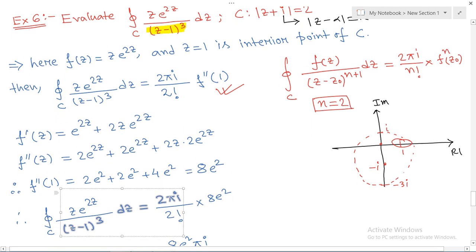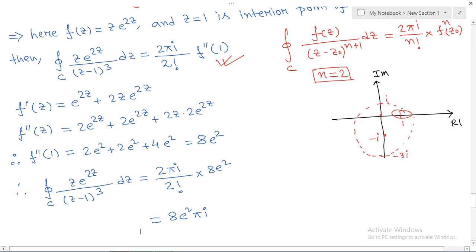Here we have applied the u into v rule of derivative. After applying the double derivative and putting z equal to 1, we are having 8e square. So simply substitute this value here. We have 2 pi i upon 2 factorial into 8e square. So the result is 8e square into pi i.